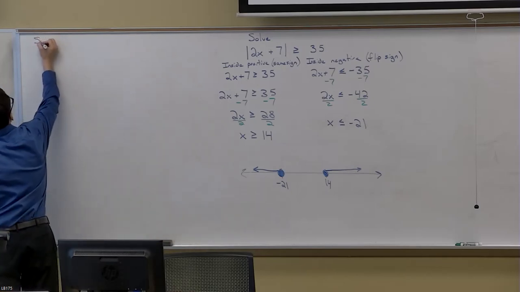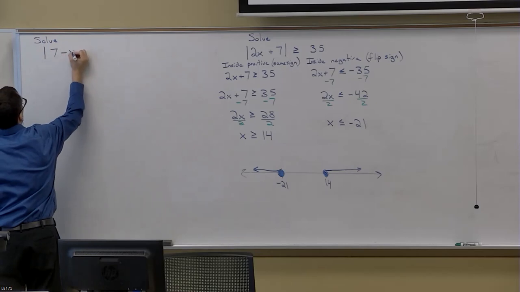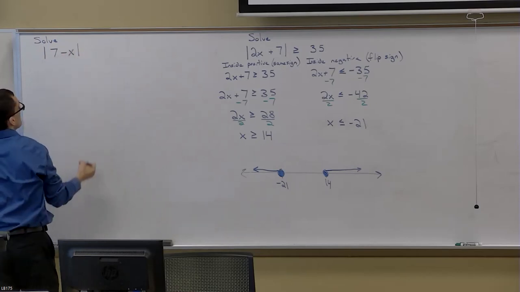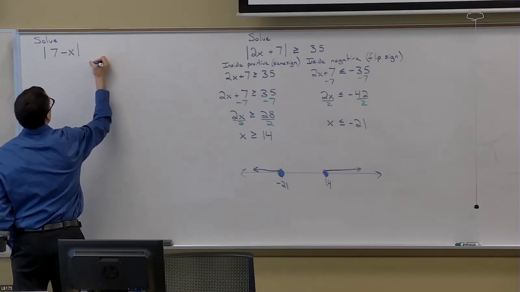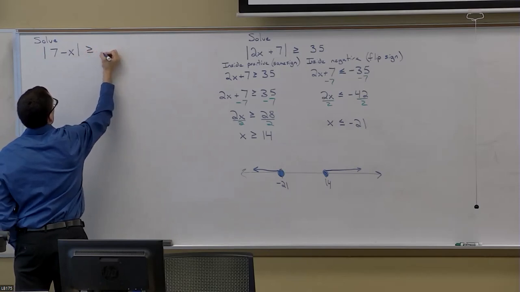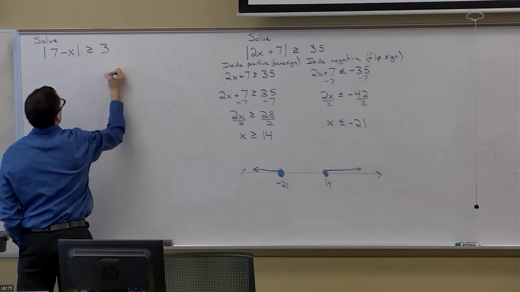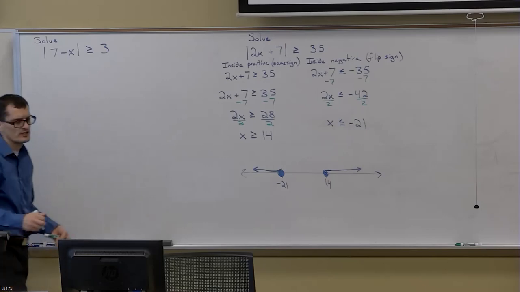So let's solve the absolute value of 7 minus x greater than or equal to 3. I want you to go ahead and try this on your own.